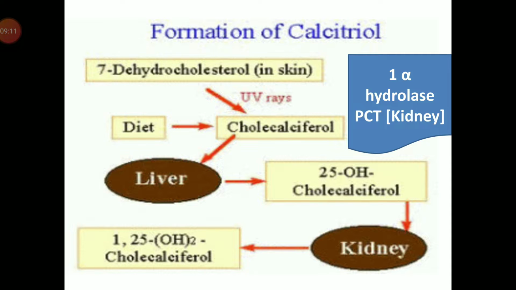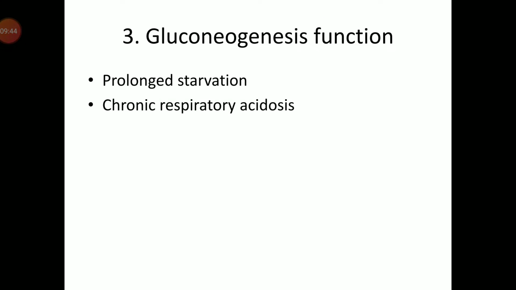But when this inactive form comes into the kidney, it is acted upon by the enzyme 1-alpha hydroxylase in the proximal convoluted tubule, and via this enzymatic action, the inactive form of vitamin D is converted into the active form, that is 1,25-dihydroxycholecalciferol, or you can also call it calcitriol. And this is helpful for the absorption of calcium present in our diet. So this was the endocrine function of the kidney.